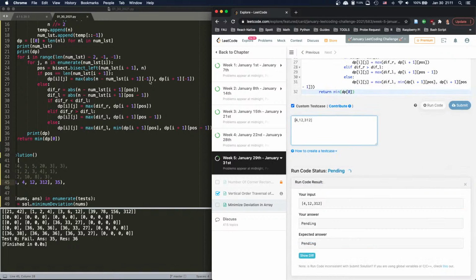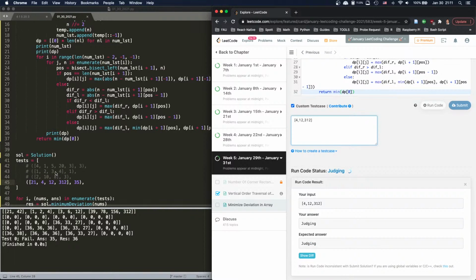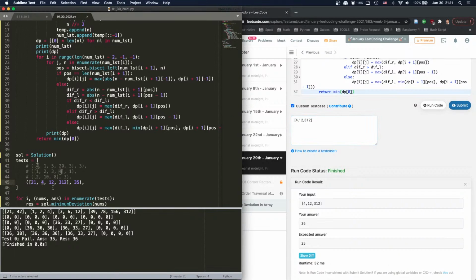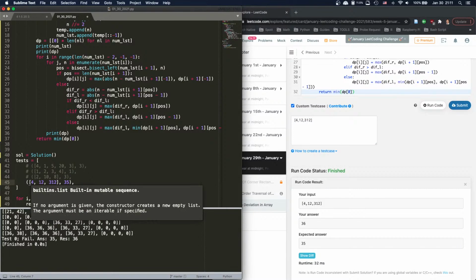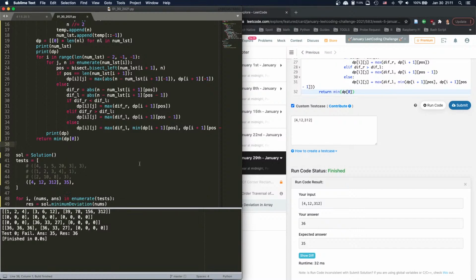I can demonstrate the error. So start from 4, right? So we can go 3, and then usually we go the smallest.